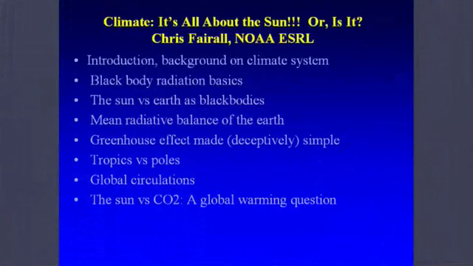And then I'll finish up with a look at what's inside the Earth system. And then at the end, if there's time, I'll talk a little bit about global warming and the sun's variation in global warming. Next slide there.